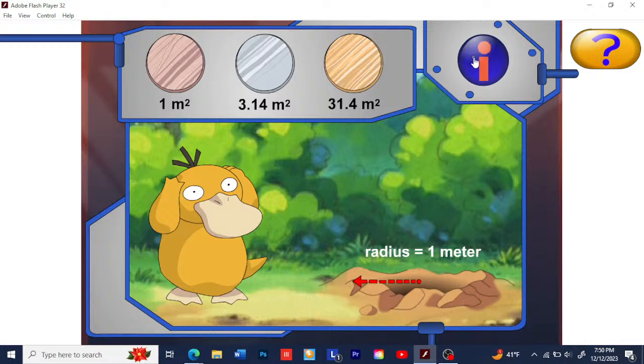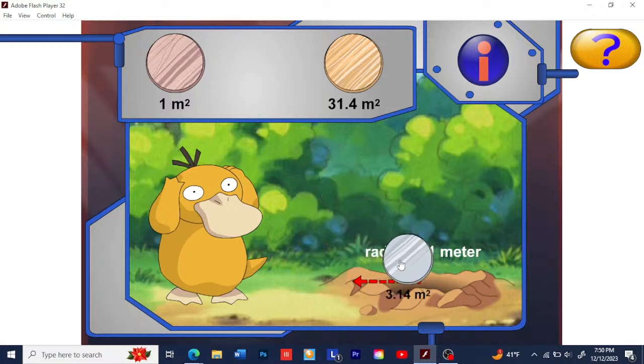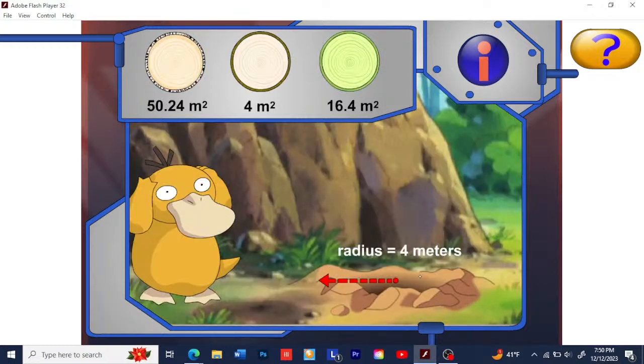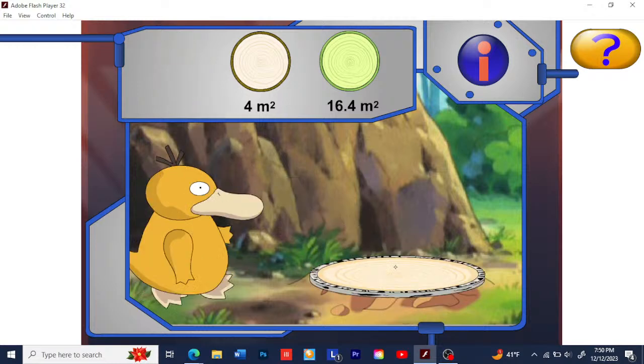Try again. Excellent. Help Psyduck! Fill these holes with more circles. Excellent.